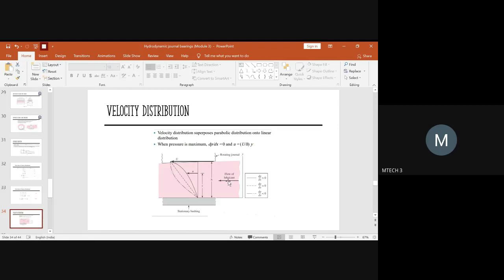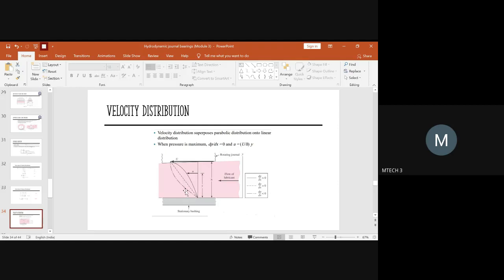With respect to that, the thick line here will show that dP/dx, the pressure dP upon dx, will usually be greater than 0. And this dotted line will show that the variation of pressure with respect to x will be equal to 0 in this case.